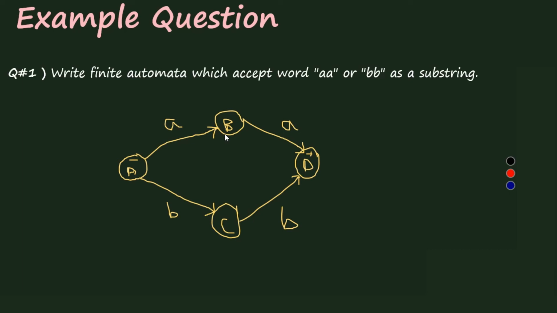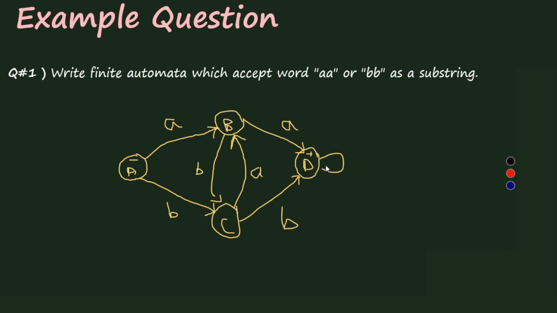But if B comes on state B, what happens? It will go to state C. What happens if A comes on state C? It goes to state B. And what happens when A or B comes on state D?